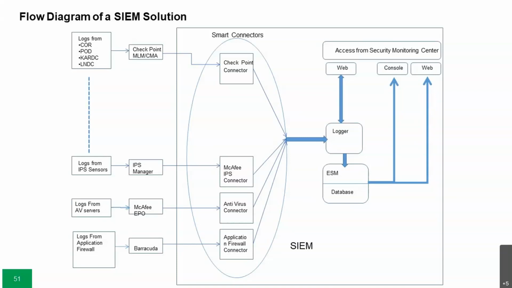Based on these logs, the monitoring team accesses them, monitors the whole security and traffic, and provides information about any attack or blocks such things. That's the whole diagram of the SIEM solution.